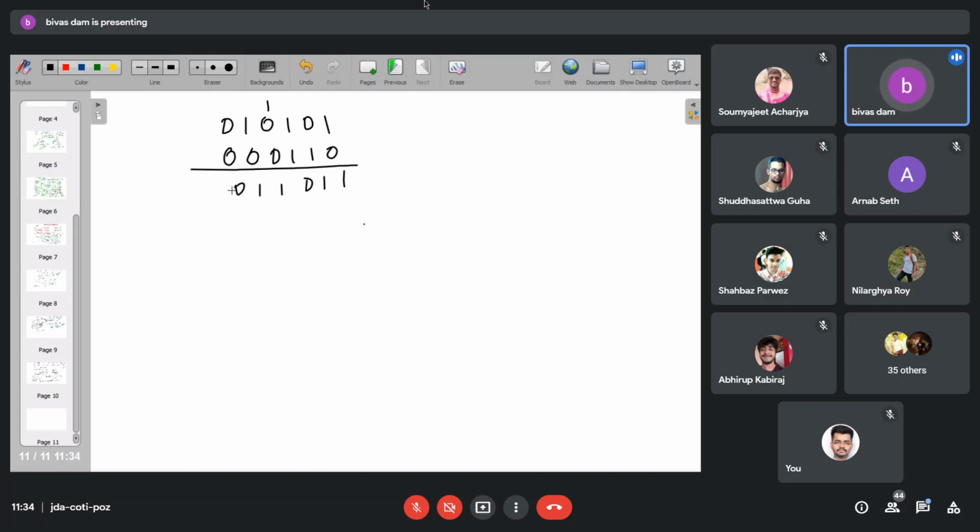No end around carries, nothing needs to be ignored. So this is the final result, and the final result is positive, and the result is equal to plus of 0, 1, 1, 0, 1, 1. So that is how much? Plus of this will be 31 minus 4, that is 27.